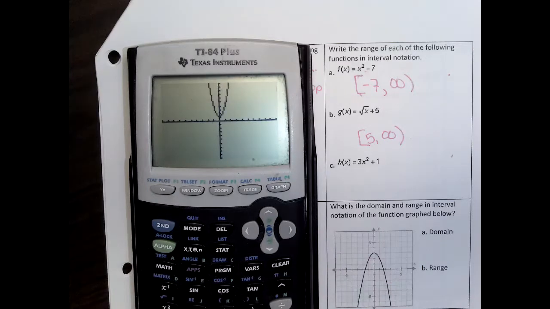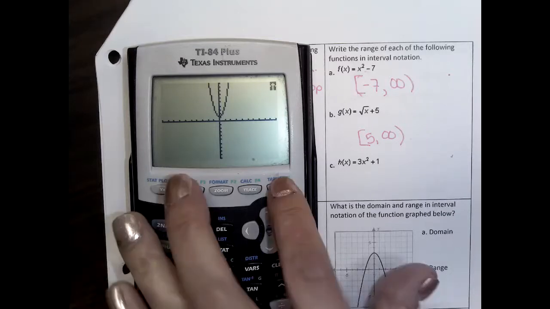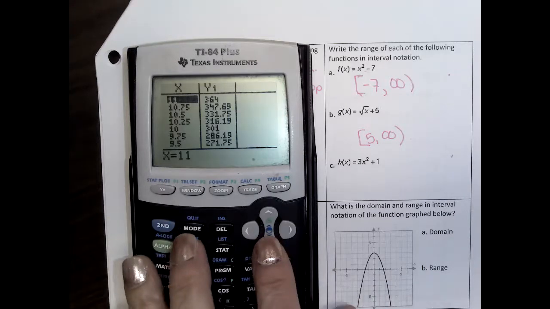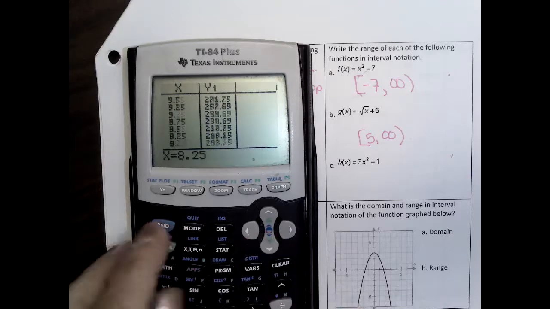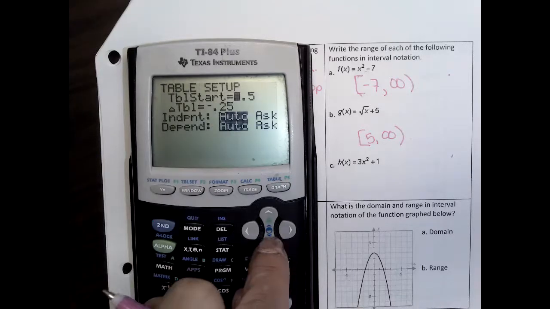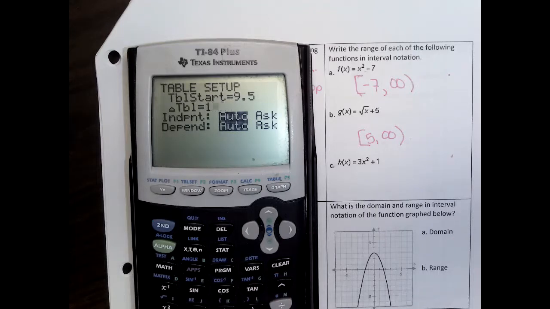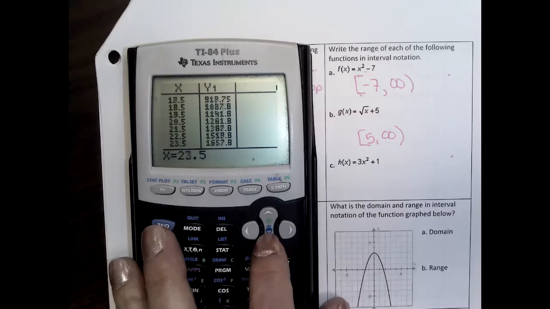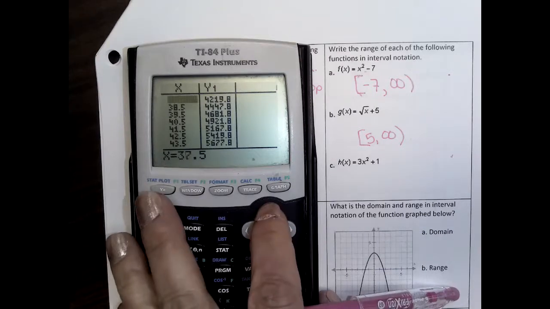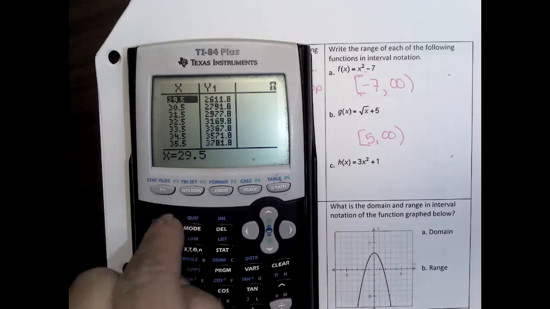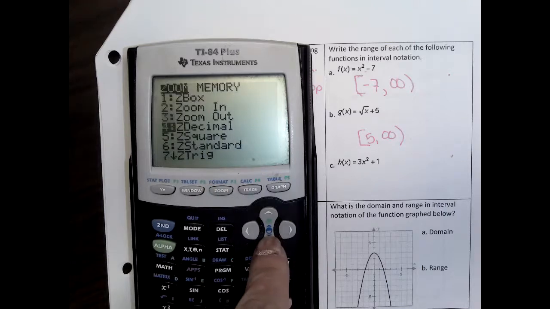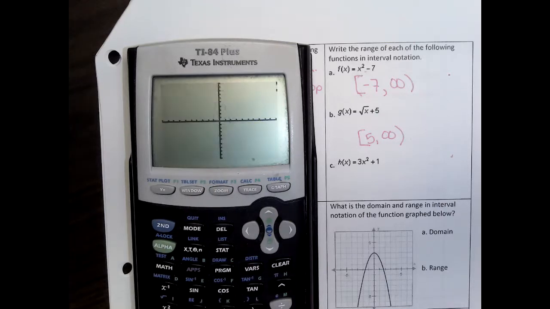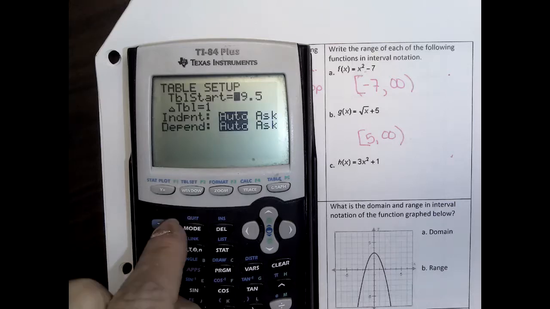Oh, look, it looks like another one of those U-shaped things, another parabola. So let's go to our table and see what our very lowest y value is. I'm going to change my table to go back to increments of 1, because otherwise it is going to take me a little while to get there. Actually, I'm going to zoom standard, and then I will check my table start.